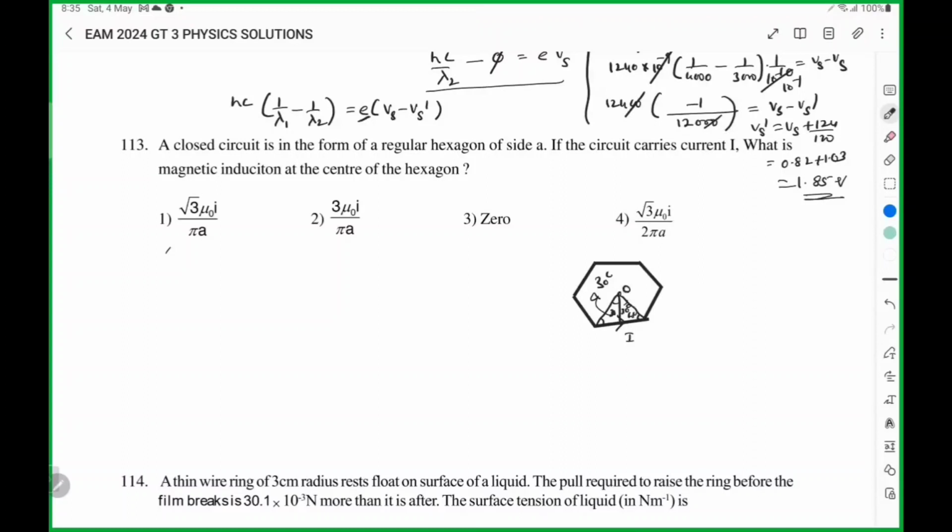So then magnetic field at center calculated by using a formula mu naught by 4 pi d into sin alpha plus sin beta.